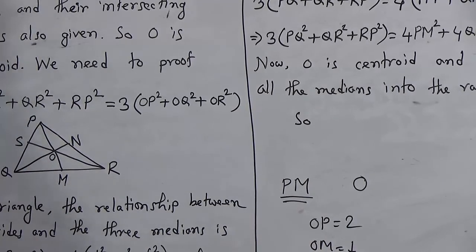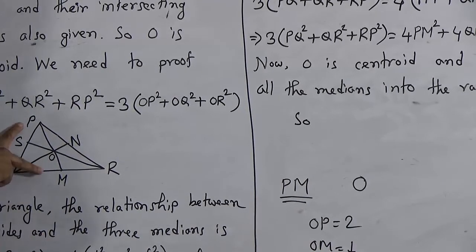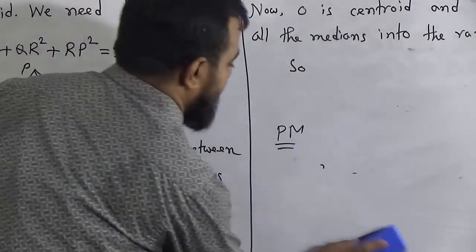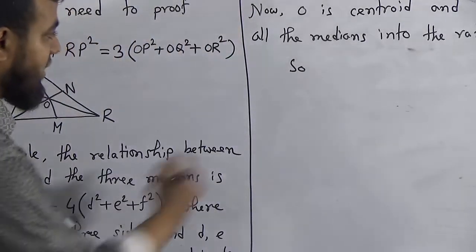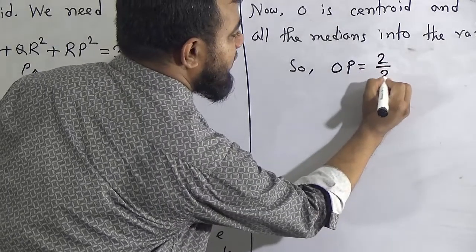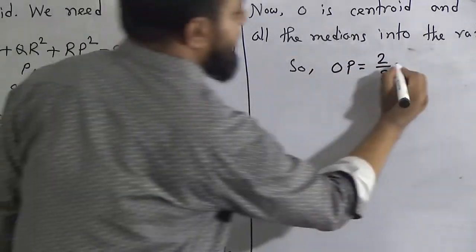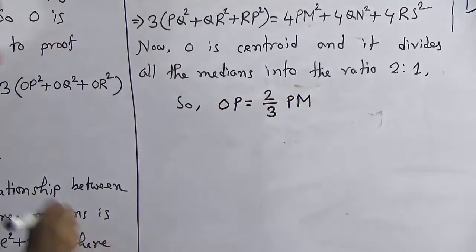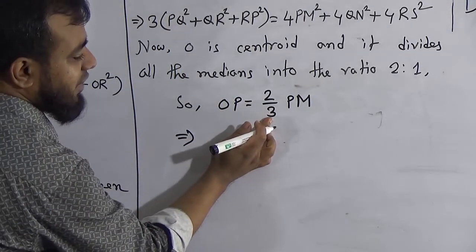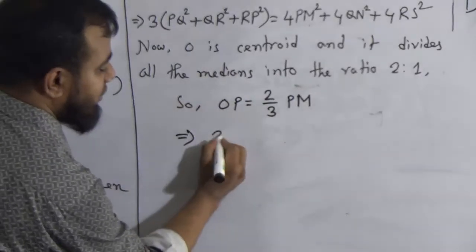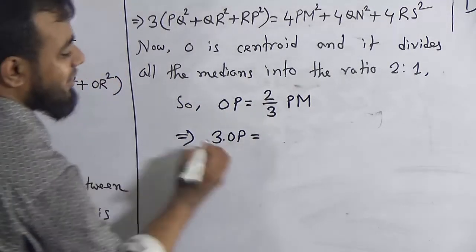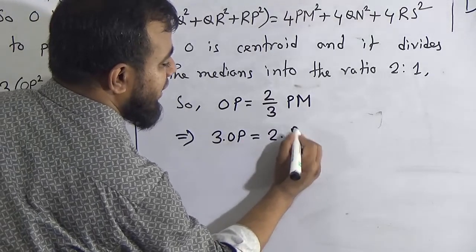So if we find the relationship between PM and OP, it will be OP equal to 2 by 3 PM. Now we can transfer this 3 to the left side. It will be 3 into OP, it's O, not 0, equal to 2 into PM.